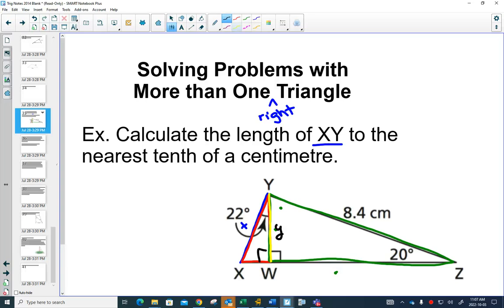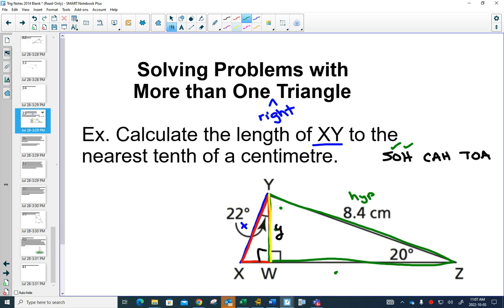And then, in the green triangle, can you see that the 8.4 is the hypotenuse? And the little y is opposite the 20. So if I write out SOHCAHTOA over here, I know the hypotenuse in the green one, and I want to find the opposite side, so I should use my definition for sine.